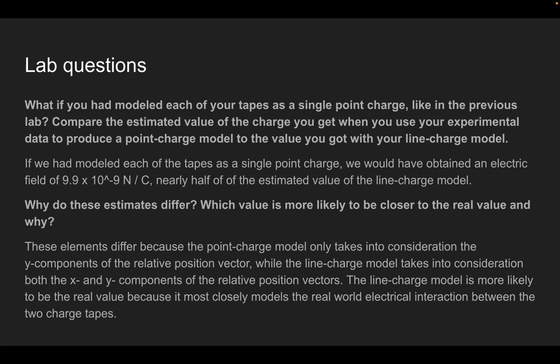These values differ because the point charge model only takes into consideration the y components of the relative position vectors, while the line charge model takes into consideration both the x and y components of the relative position vectors across the surface of the tape. And I said that the line charge model is more likely to be the real value because it most closely models the real world electrical interaction between the two charged tapes.